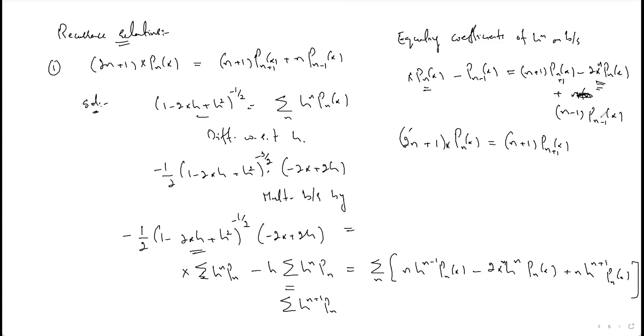So I'm going to take them to this side. When you take it to this side, n minus 1 plus 1, it will be simply plus n pn minus 1 of x. So this was the relation we were supposed to prove.